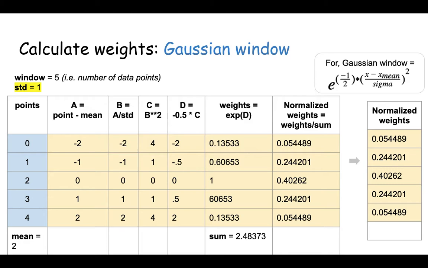Now let's get into Jupyter notebook and look at how we can write code in Python to create a Gaussian window. Then we'll also look at how to write code to calculate the weights and the normalized weights, and based on those weights we'll look at how to calculate the moving average and the moving sum.